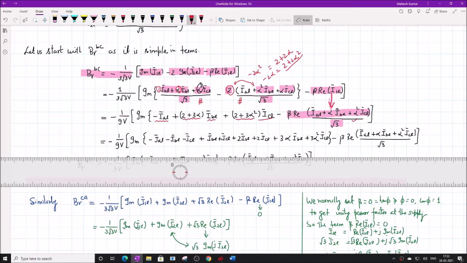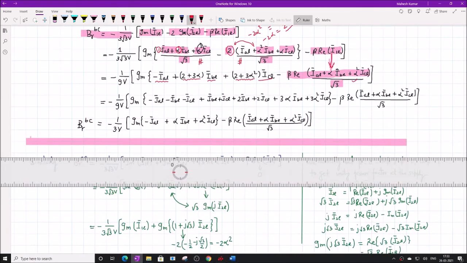Now let us collect the coefficients here. What do we see here? This is minus 1. This is 2 into IBL plus 3 alpha into IBL. This is again 2 into ICL plus 3 alpha square into ICL. This is minus IAL. So what we do, we subtract and add some components.